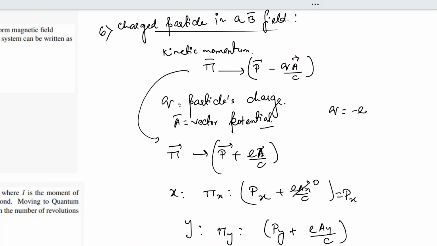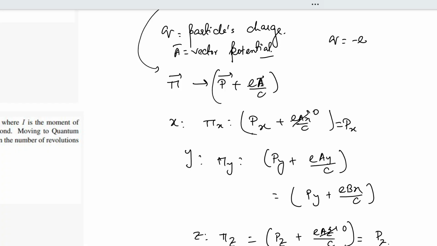For the z component, pi z equal to pz plus e az by c, but az is 0, so this is just pz. So thus you have pi x as px, pi y as above, pi z as pz.